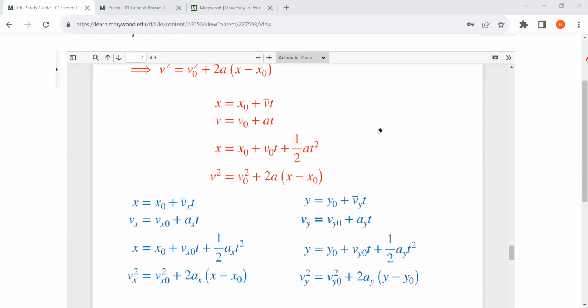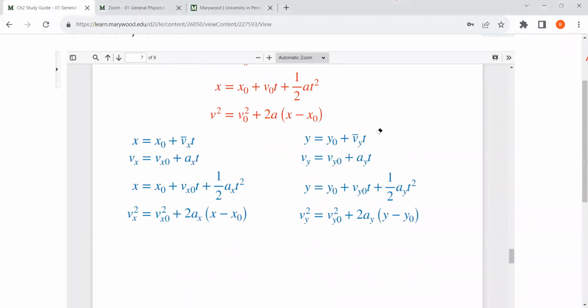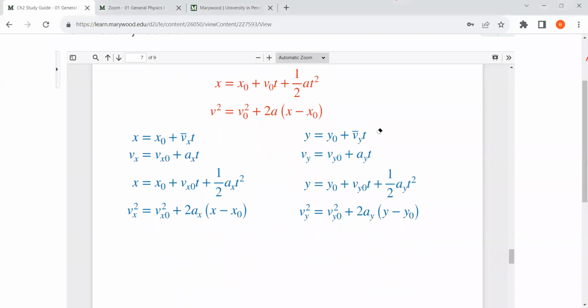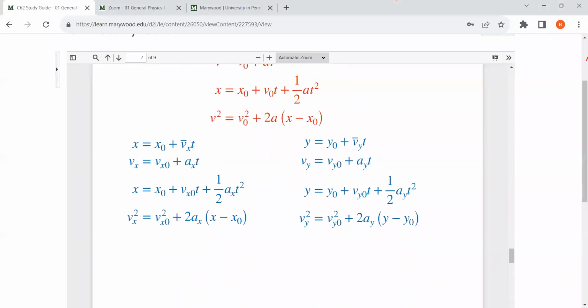Here you see that I wrote these four equations separately, one set for x and one set for y.